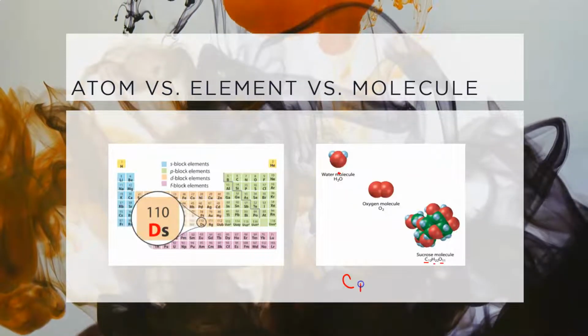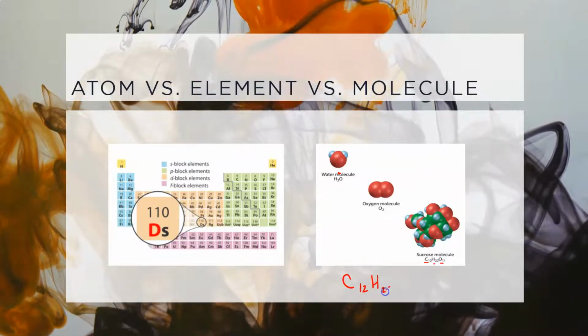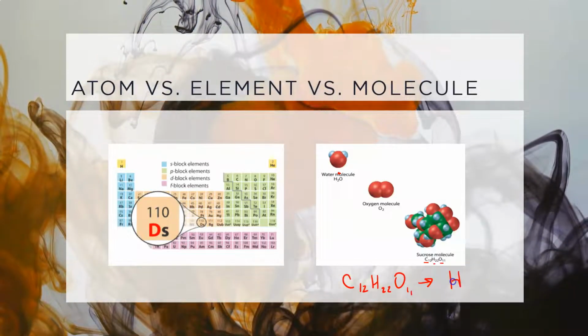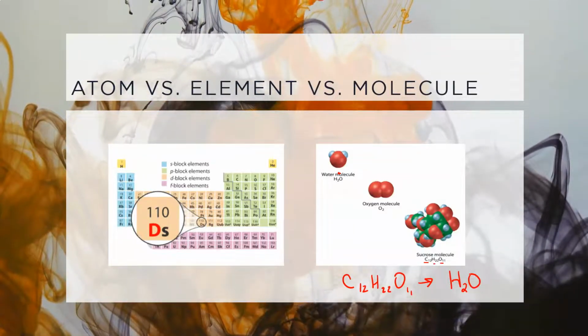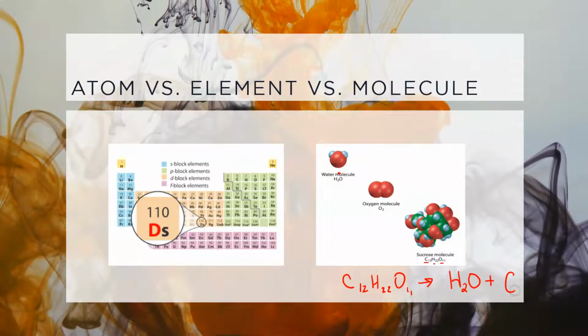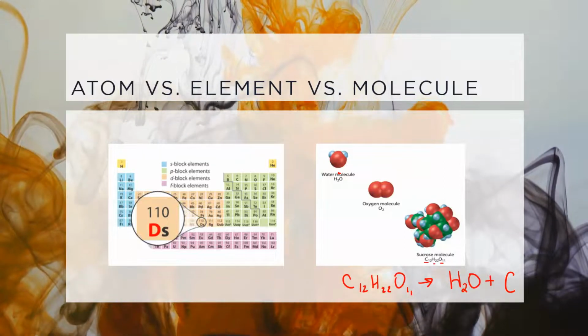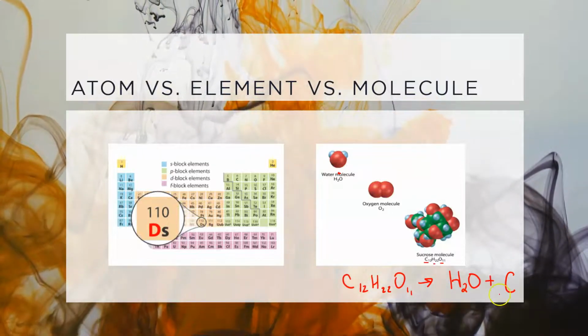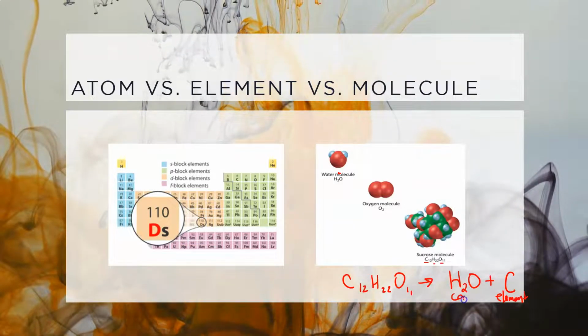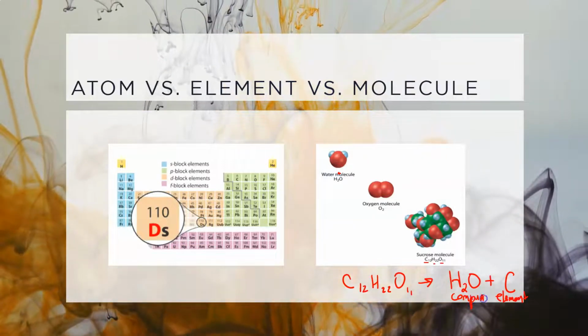So the C12H22O11 was released, and we saw some water vapor escaping in the form of gas, and we also saw some carbon, the black stuff that was left over at the end. So we ended up with an element of carbon, and we ended up with a compound of water vapor.